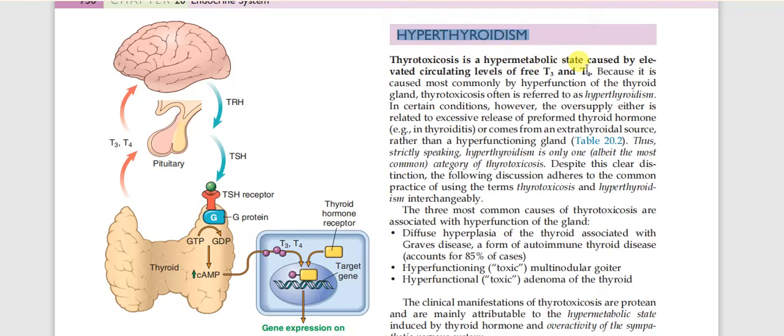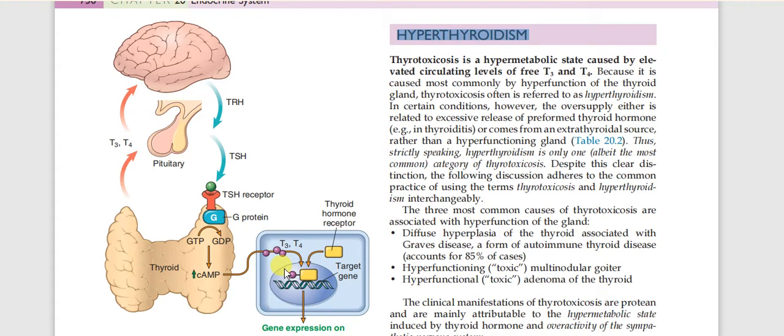How does it work? As is visible here, T3 and T4 have an effect on gene expression. We have the thyroid hormone receptor inside the nucleus. T3 and T4 can penetrate through the cell membrane, and they have a receptor.